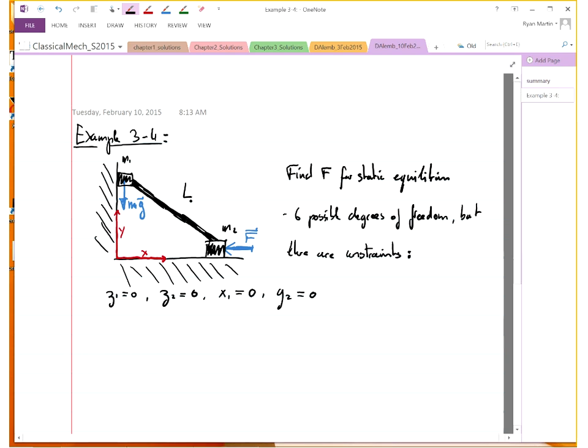If we say that our rod has a length of L, then we can write the final constraint equation as the distance between the two masses. So that'll be x2 squared plus y1 squared equals L squared. So that's 5 constraints. So there's only really one degree of freedom.